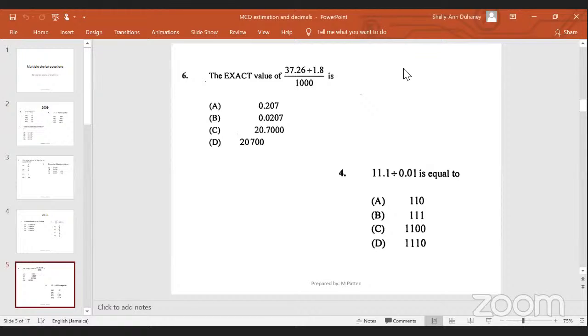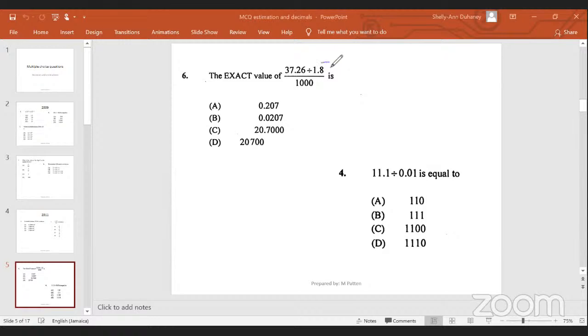All right, so like we were saying earlier, we have 37.26 divided by 1.8 all over 1,000. We said we need to change the divisor to be a whole number. To get this to be a whole number, we multiply by 10.